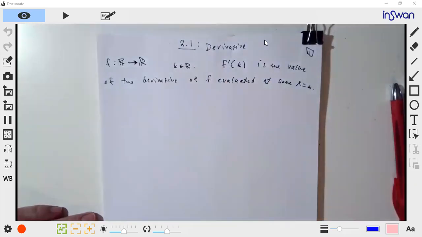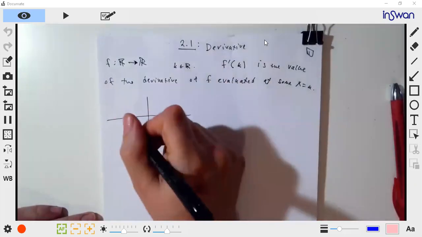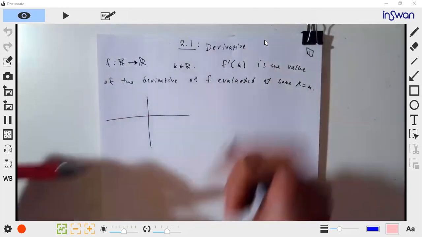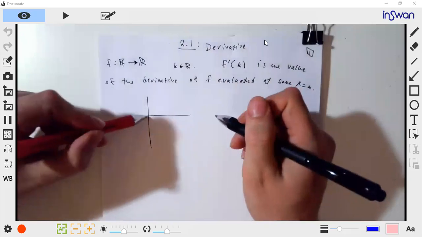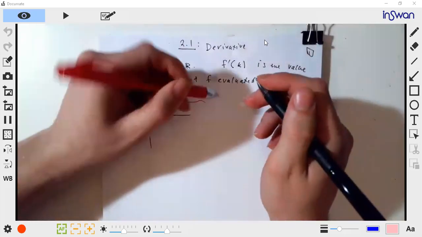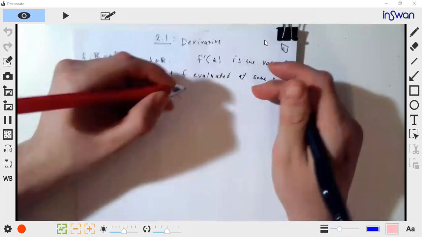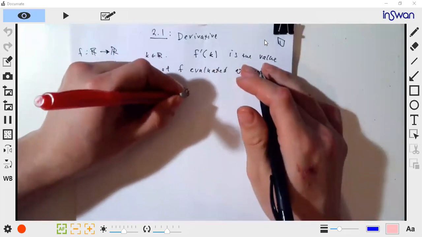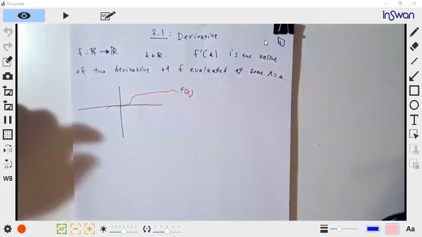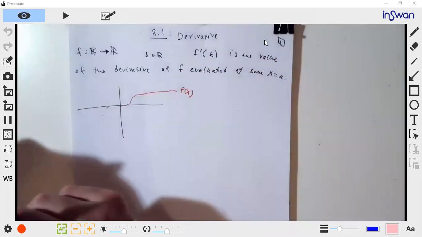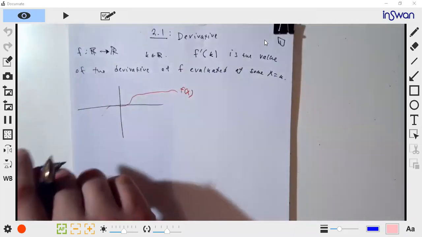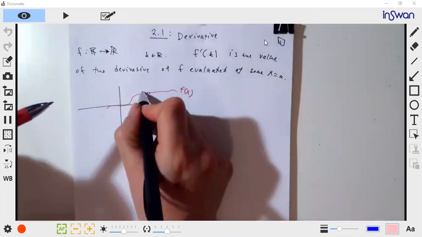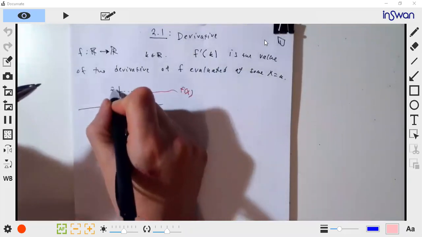Really what that means is, if this is our function f of x right here in the red, then we can say that the derivative of the function at some point k, let's say this is some k right here, this value right here is going to be f of k.